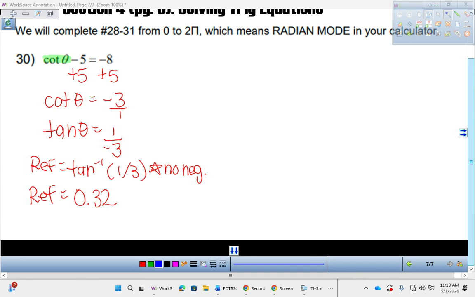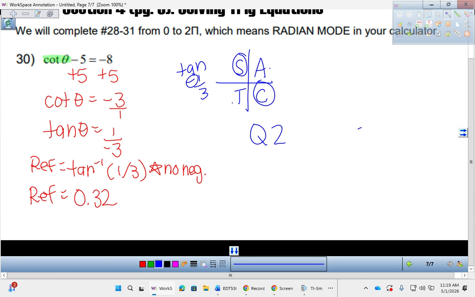All right. From here, all students take calc. Tangent is -1/3, so it's negative. Tangent's positive in 1 and 3, so I want to apply this to 2 and 4. Whether you do the picture or the rules is up to you. The quadrant 2 rule is that the two angles together equal 180, but in radian mode, that's pi.